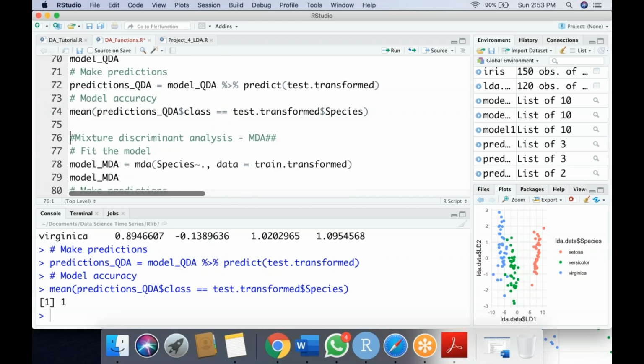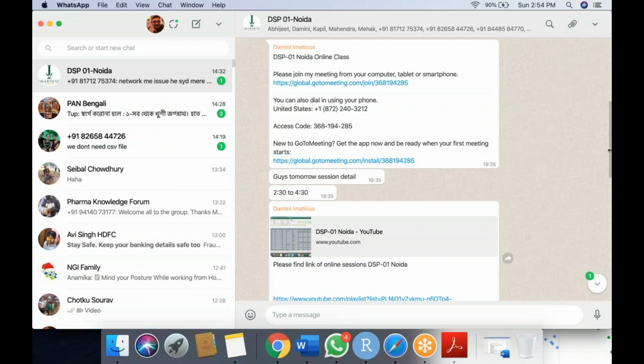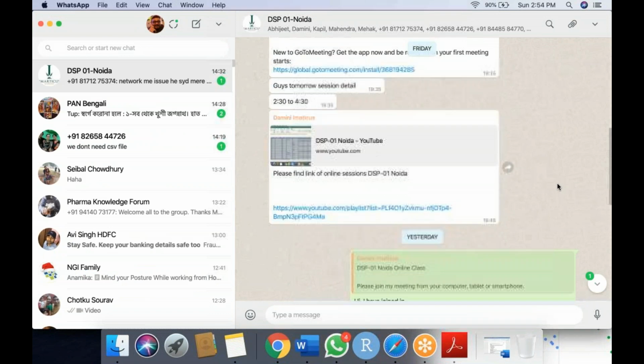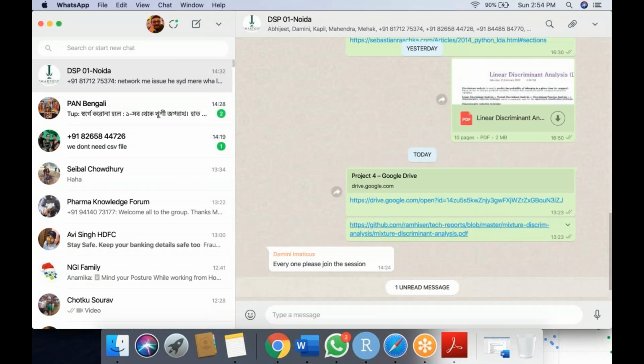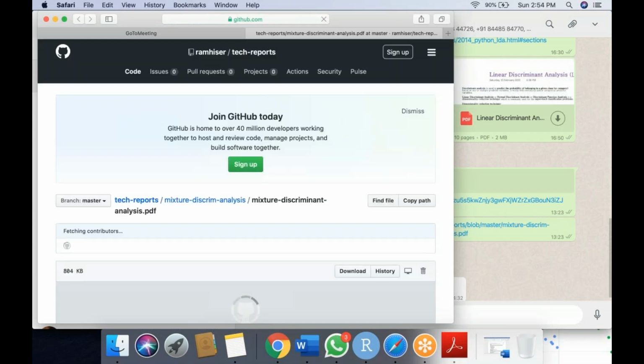Now if you want to write a mixture discriminant analysis, I have given you one article to read in our group. I'm just opening it for you quickly.